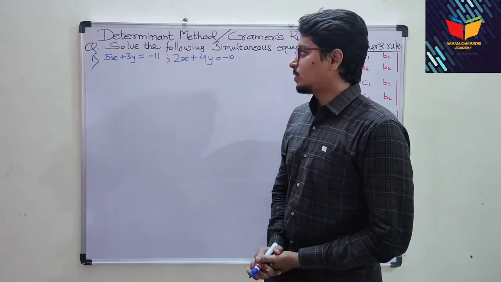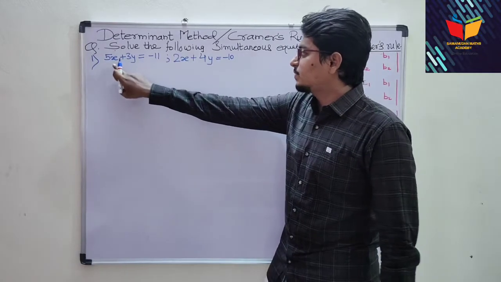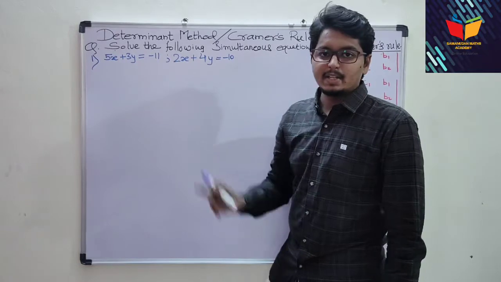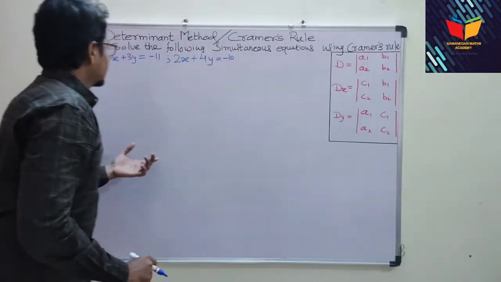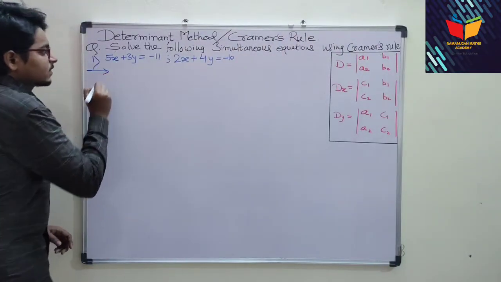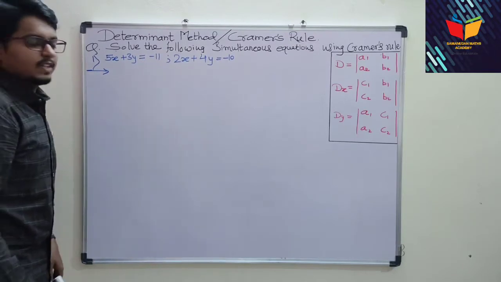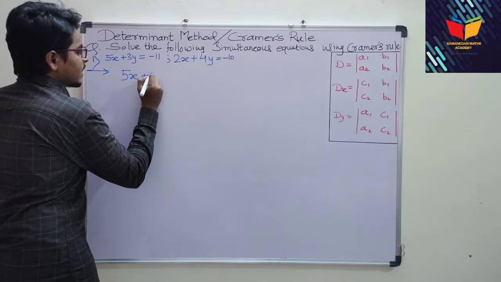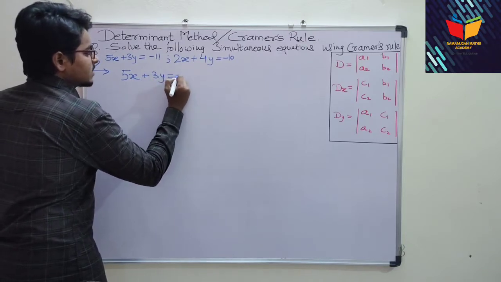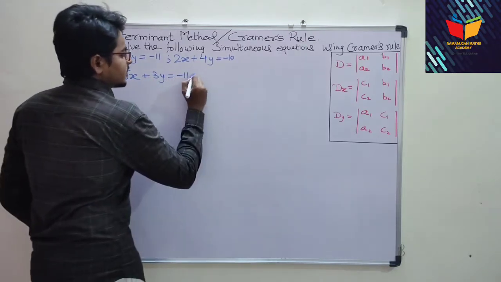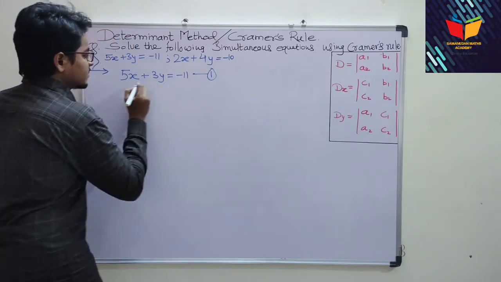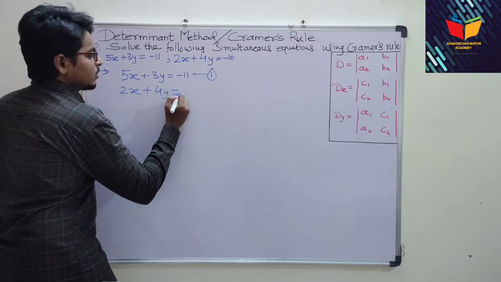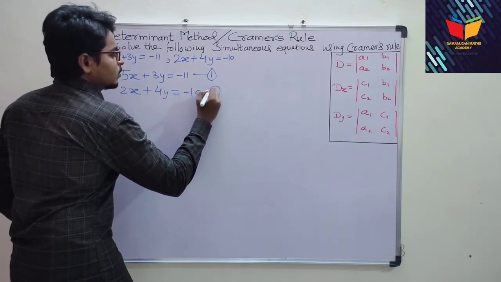So the first example you can see on this board, that is 5x plus 3y equal to minus 11 and 2x plus 4y equal to minus 10. First we will write these two equations one by one. 5x plus 3y is equal to minus 11, equation number 1. And second, 2x plus 4y is equal to minus 10, equation number 2.